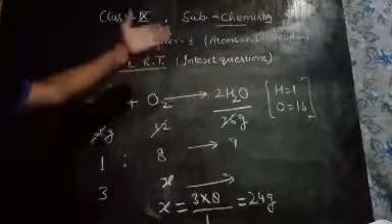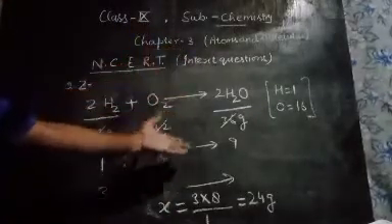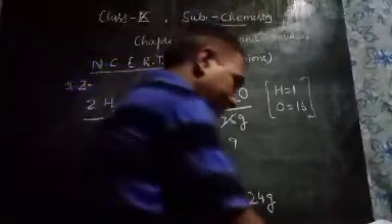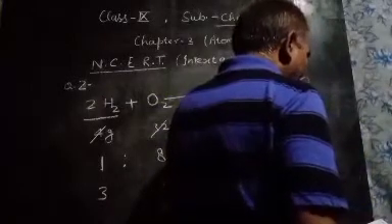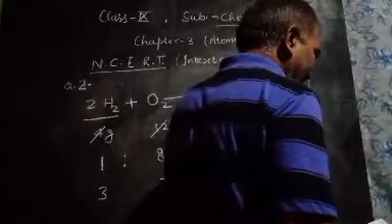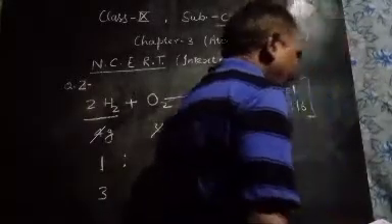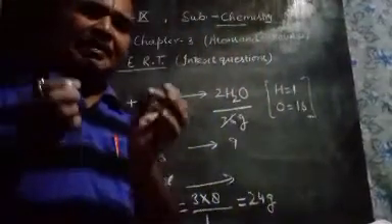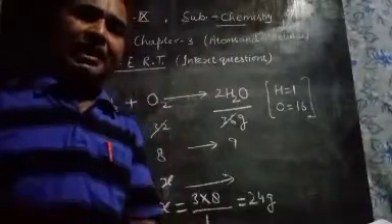I think all of you have already understood how the questions are being solved. Now the next one, question number 3. Which postulate of Dalton's atomic theory is a result of the law of conservation of mass? I have already told you that atoms can neither be created nor destroyed.